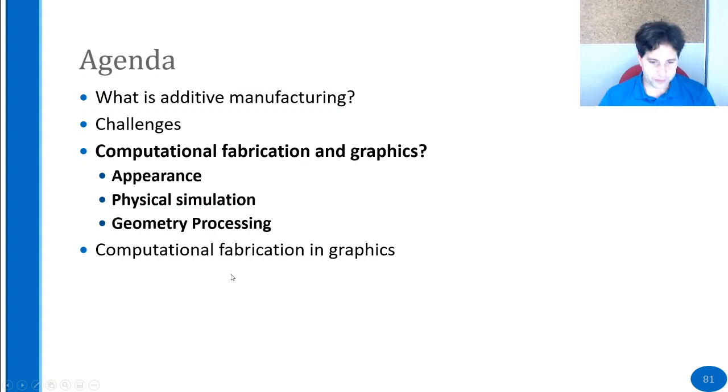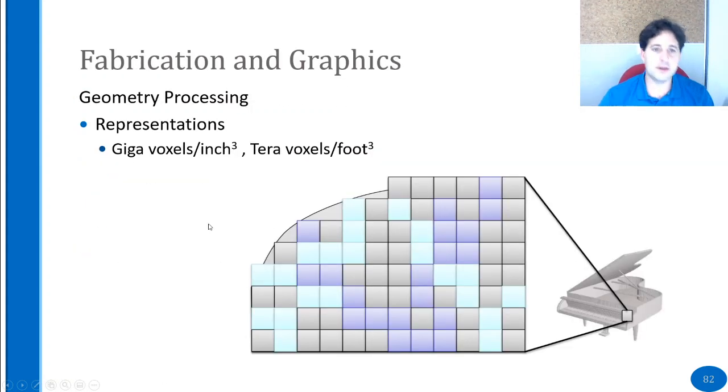Right, and of course the last and maybe most relevant topic in graphics that is relevant to computational fabrication is geometry processing. And let me go over a few of the things that are relevant here. So first of all, maybe the most relevant part of geometry processing to computational fabrication is representations.